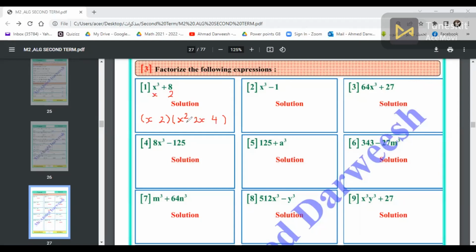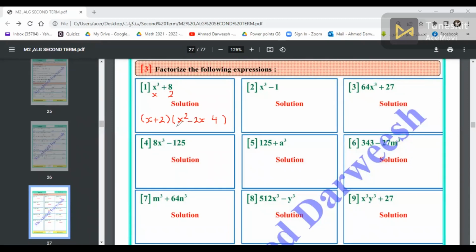We multiply the x and 2, which is 2x. Now the last thing is to find the signs. If this is positive, then that would be the same, positive. And if it was negative, I would write negative here. So this is always the same as this one, and this is the inverse. It's always different.